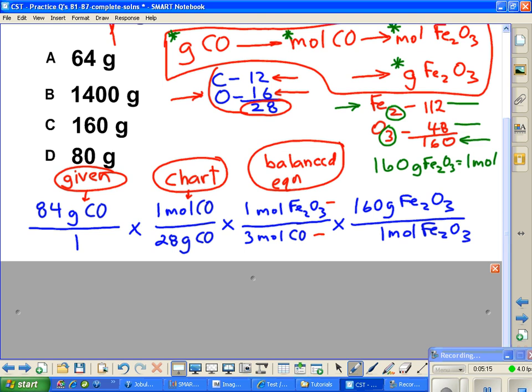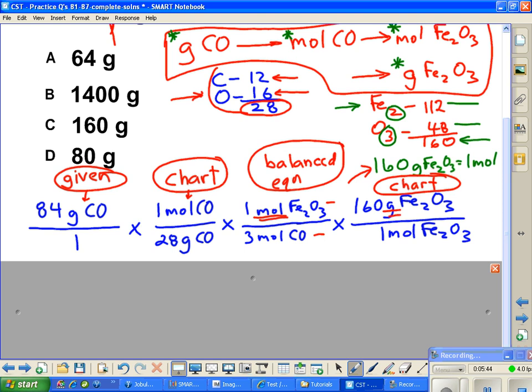And the last thing we need to do is change the moles of iron 3 oxide into grams, and that comes off the periodic chart, which we got right up here. So this is the chart again, which is going to get us from the moles here to grams here.